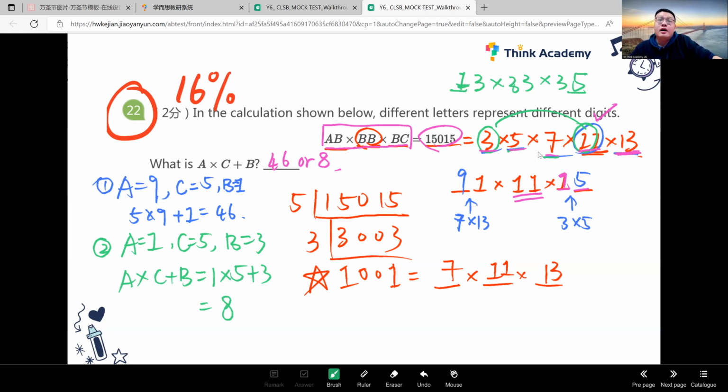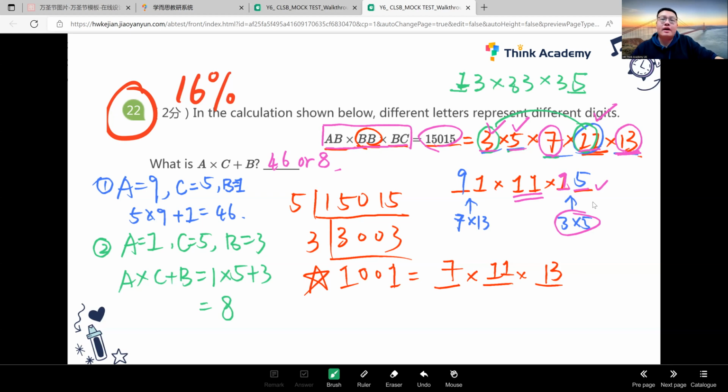If I multiply 3 and 5 together, I'm going to get 15, right? So that meets the requirement. And you have already used the 3 and 5, so we have to try one more time. We used 3, 5, and 11 already, and we have only 7 and 13 over here.